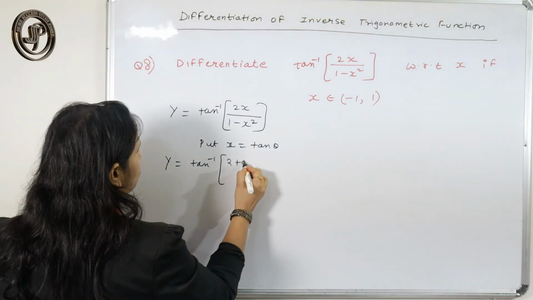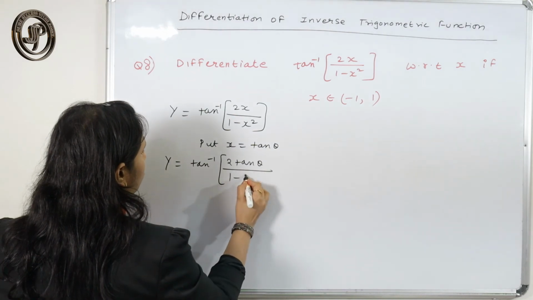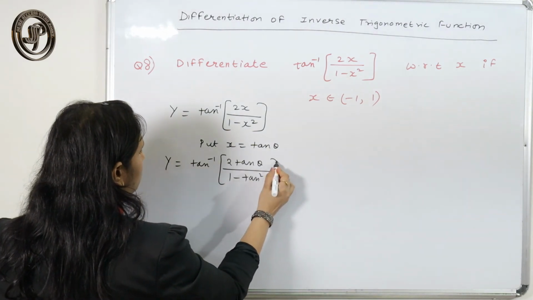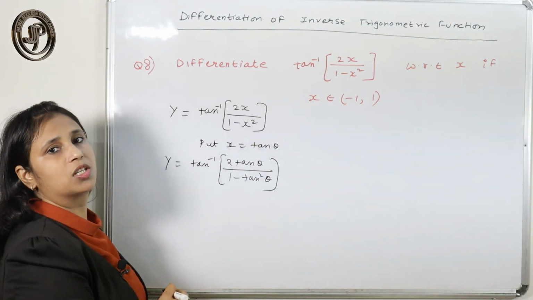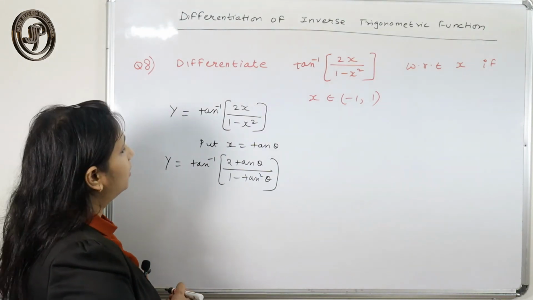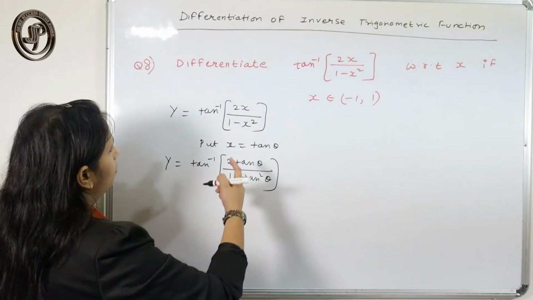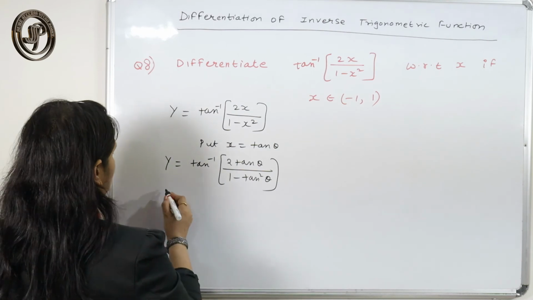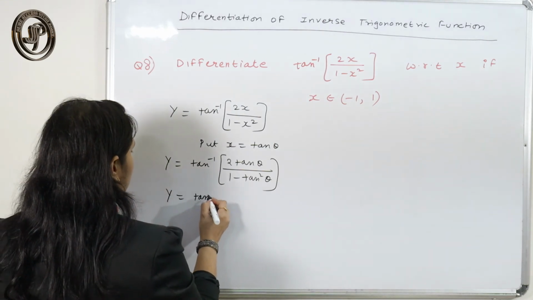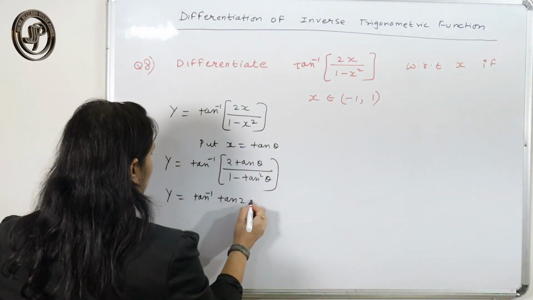So here 2 tan theta upon 1 minus tan square theta. I think you are able to know why I have substituted x as tan theta, because this becomes the formula of tan 2 theta, right? Tan inverse tan 2 theta.